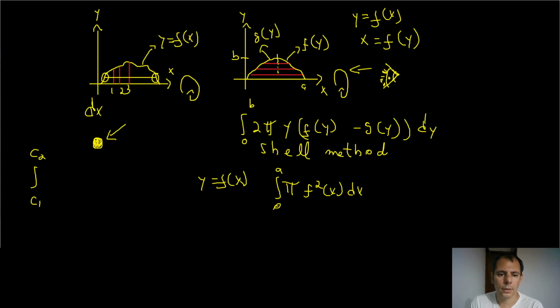Well, the axis of revolution is y, and you're using the disk method, so I know that this is going to be a dy. But then you have to find out this value of x for this value of x. You're going to have to do pi big R squared of y minus little r squared of y. That's what you're going to have to do, because there's a hole.